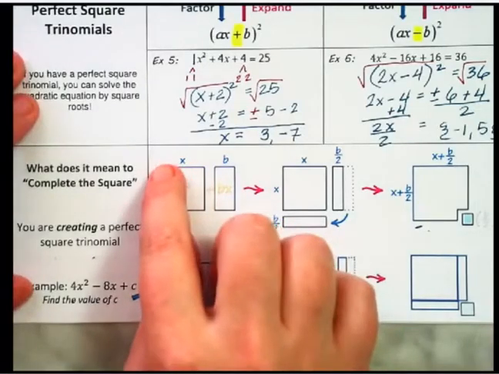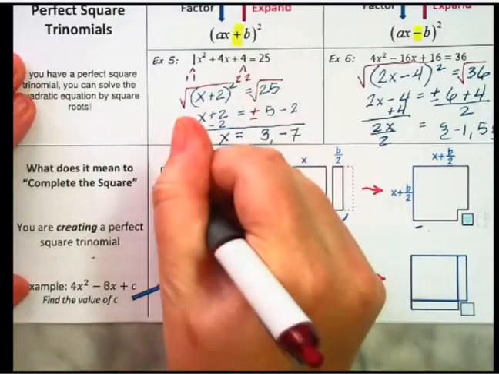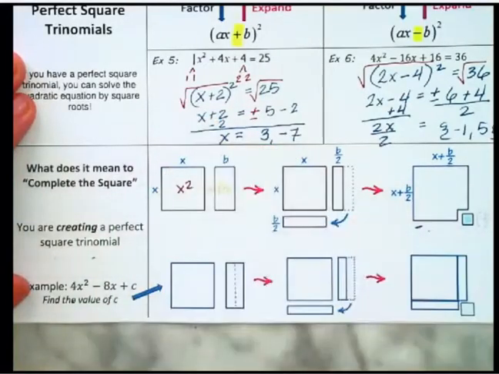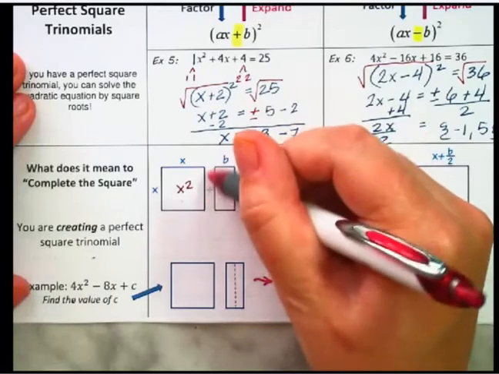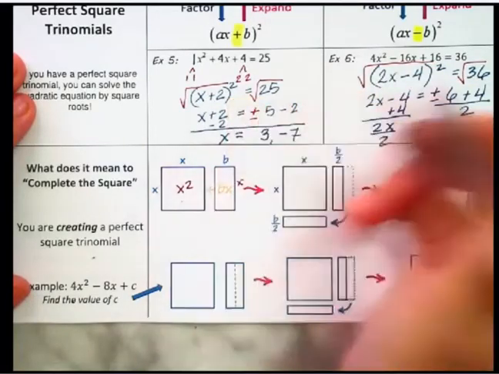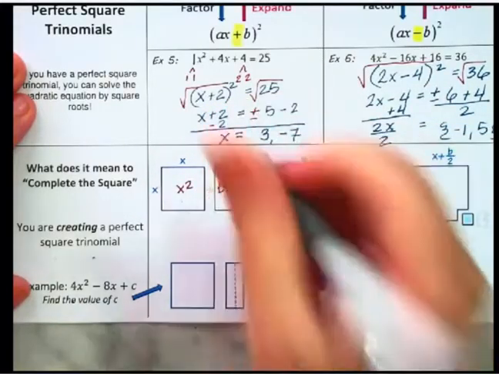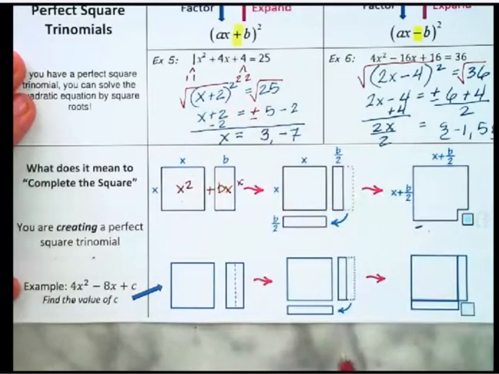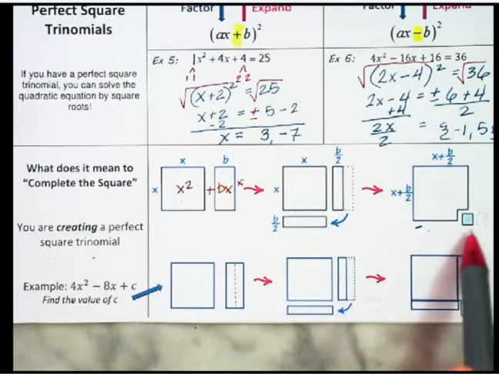So I have a square, which is x times x, and that gives me x squared. X times x is x squared, okay? Now the length here is still x. So now I have b times x, which is bx, and I'm adding those together. I don't know what the value of c is yet. That's what I'm trying to figure out, is what goes inside this missing box here.